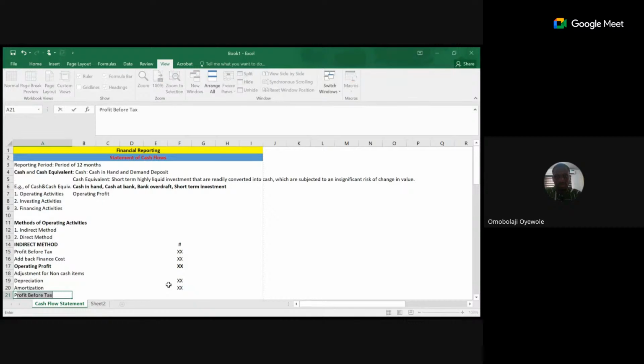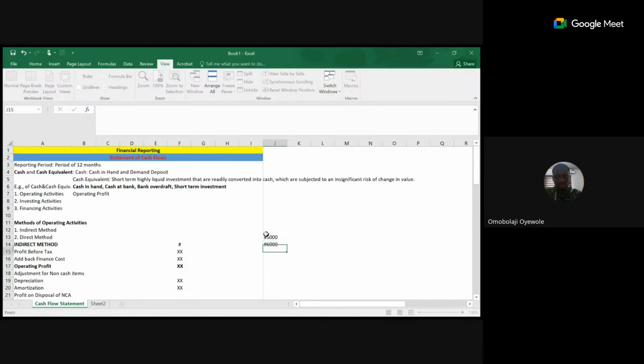Another one is profits on disposal of non-current assets. Now, when we dispose of a non-current asset, let's say the net book value of the asset at the end of the period is 5,000, and we sold it for 6,000.